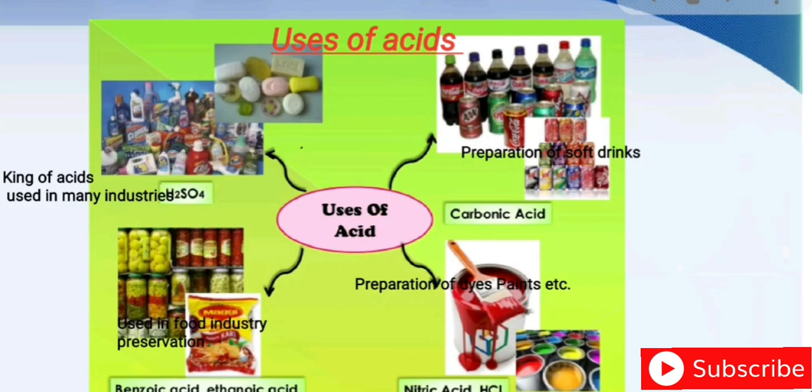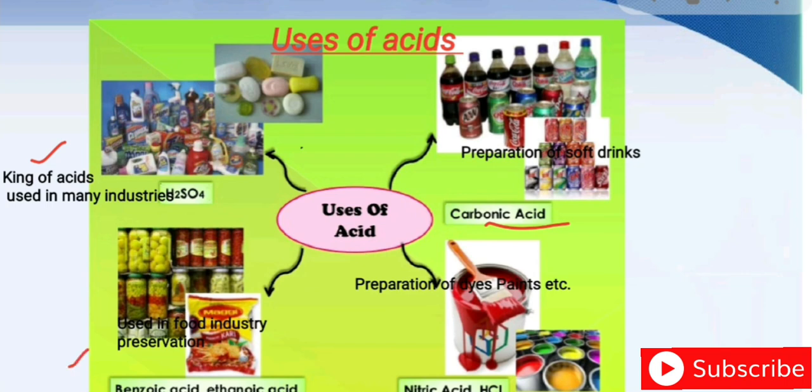Now let us discuss a few uses of acids. Sulfuric acid is known as the king of acids because it is used in many industries. Carbonic acid is used in preparation of soft drinks. Nitric acid and HCl are used to prepare dyes and paints, and benzoic acid and ethanoic acid are used in the food industry.